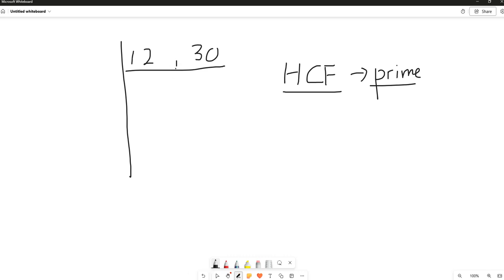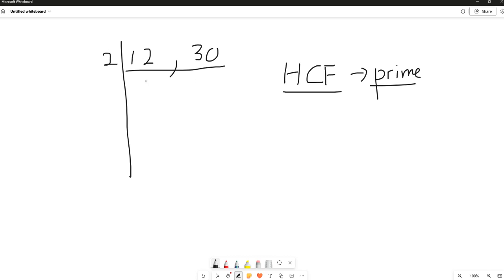Firstly, let's say now I've got 12 and 30. We will make sure that we divide both numbers together. Now firstly, ask yourself, what prime factors can we divide 12 and 30 by? Let's start with 2. You will try to divide by 2 because you know that they are even numbers.